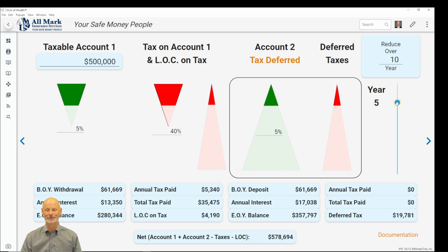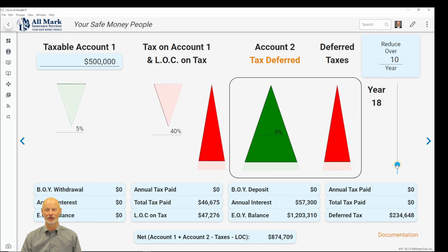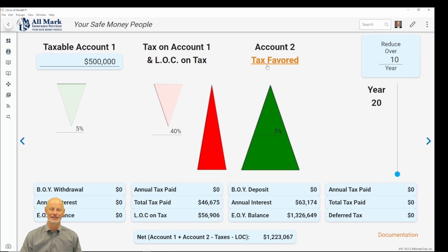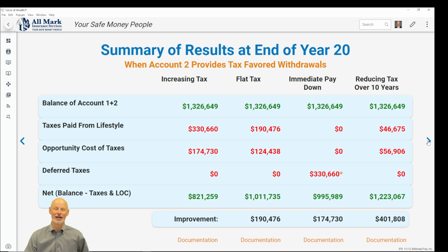As we do that, we end up with $939,000 in this account, and in a tax favored or tax free account, we end up with $1,223,067.